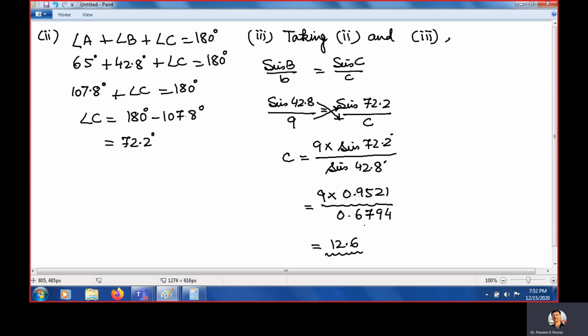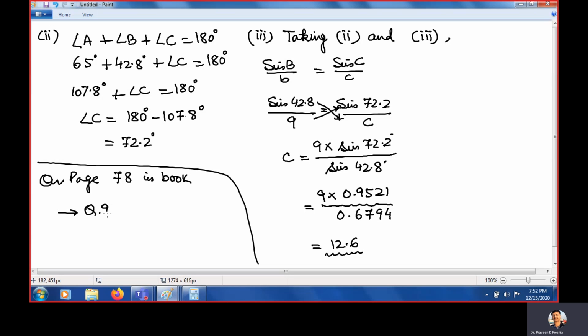This is clear. So there are two types of problems in the sine formula that we can solve. Now, if you want to solve any of the problems, see the exercise on page 78 in your book, course material.